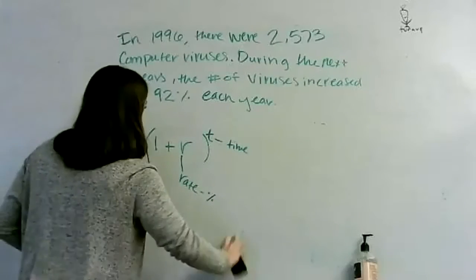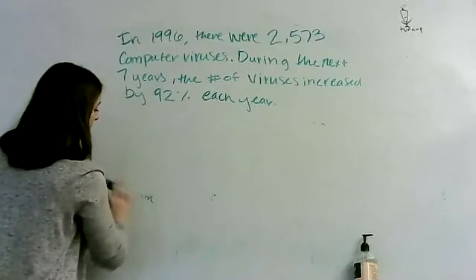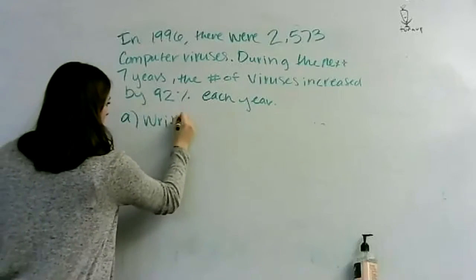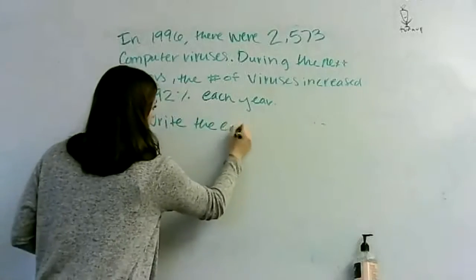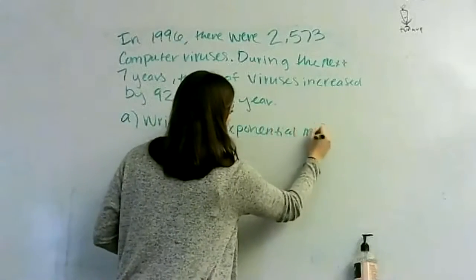So it's going to be a two-part example here. I do need to erase this. I'll bring it back up in a second. We're first going to write the exponential model.